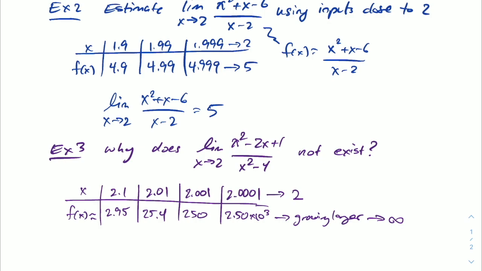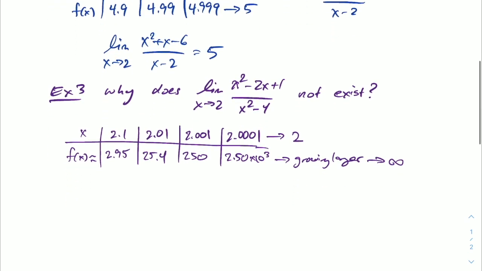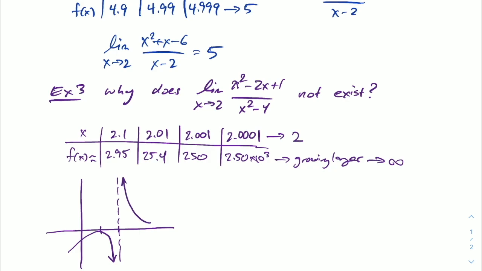We can see this if we draw the graph of this function. Let me draw the graph of this function for you. It has an asymptote at 2. It comes in like this and then goes down. And then comes in from the right like this and goes up.